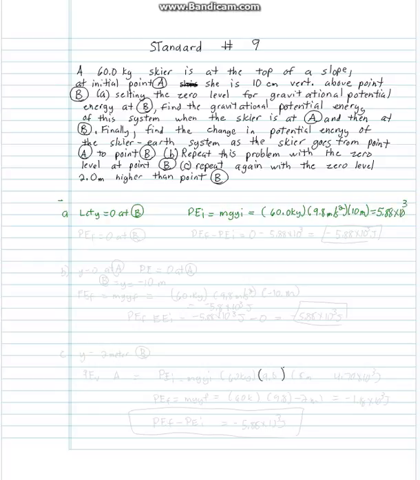Alright, so the PE final is going to be 0 at B by choice.